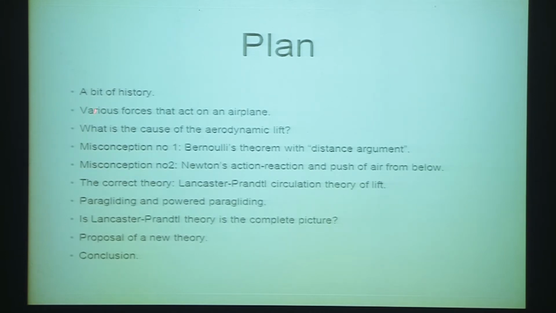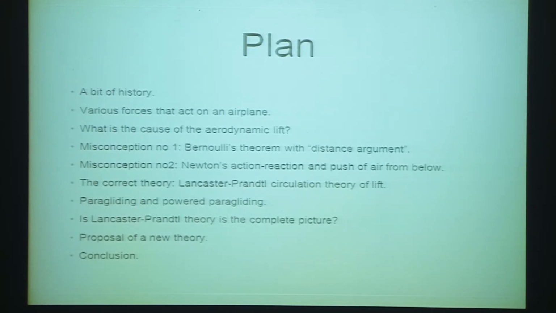So this is the plan. I will start with a bit of history, various forces that act on an airplane, then what is the cause of the aerodynamic lift. Then there are two misconceptions that I classify in this way: Bernoulli's theorem with the distance argument, then Newton's action-reaction and push of the air from below. Then this is the correct theory actually, the Lancaster-Prandtl circulation theory. This is the correct theory at all angles of attack except the zero angle of attack.